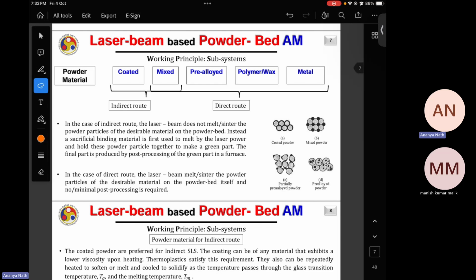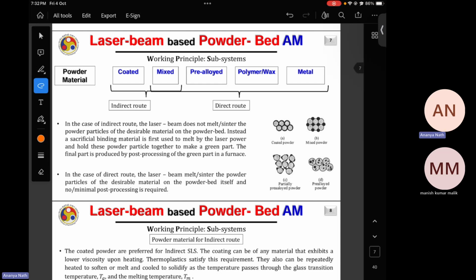Basically, the energy is getting absorbed by the coating material, and the coating materials are getting fused with each other. As the coating material is getting fused, inside the coating there are the powder particles. So indirectly, the powders will get fused with each other, and the coating material will not get detached from the powder. So that's why all the powders can get attached with each other.